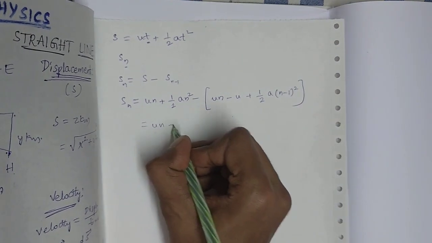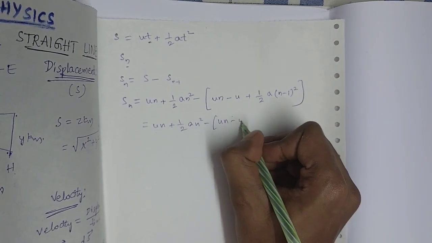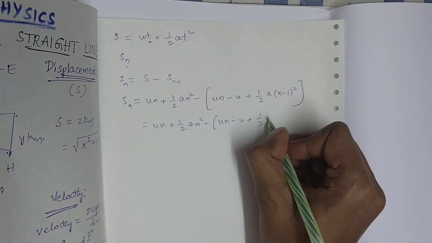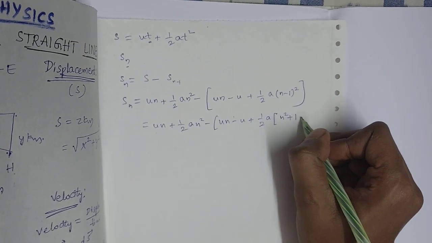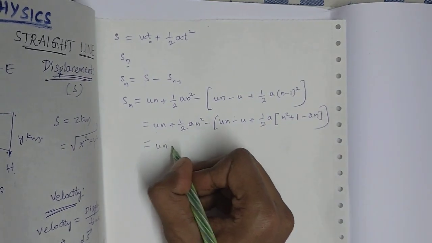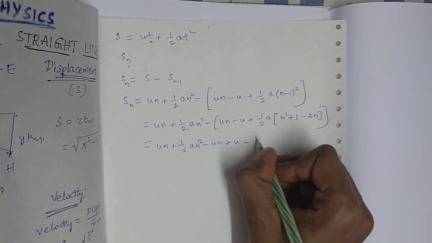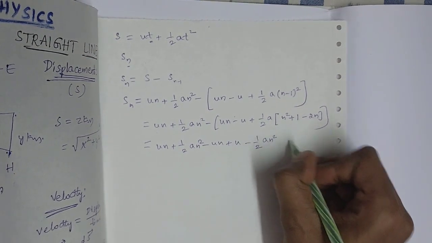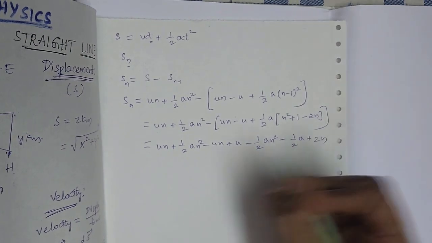So this will be un plus half a n square minus un minus u plus half a into n square plus 1 minus 2n. un plus half a n square minus un plus u minus half a n square minus half a plus an.